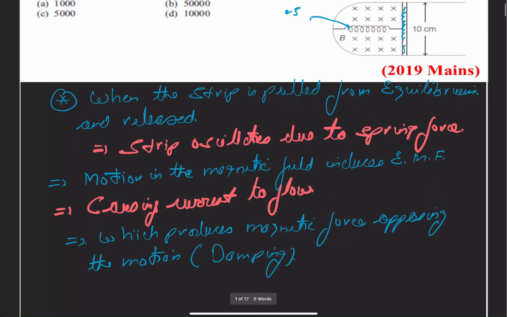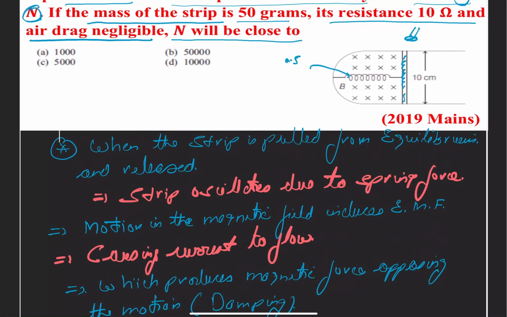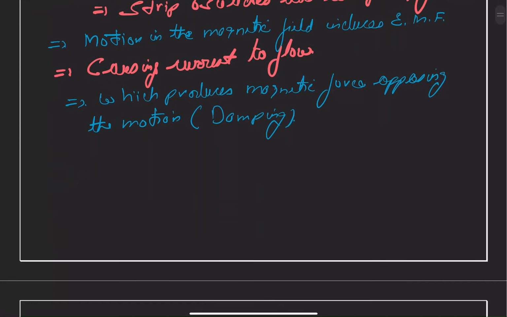And in this case, the motion of the strip is along the x-axis, the strip is along the y-axis, and the magnetic field is along the z-axis. So this entire setup is in the xy plane, and the magnetic field is in the z-axis. So we can write the equation of the motion.